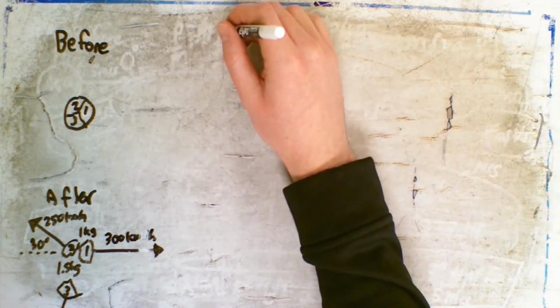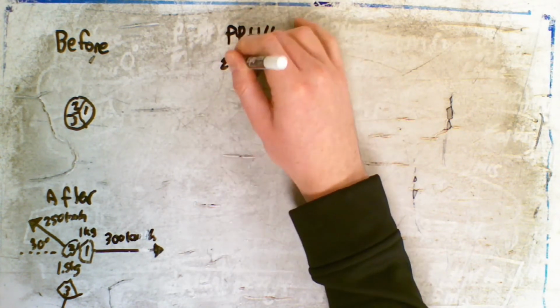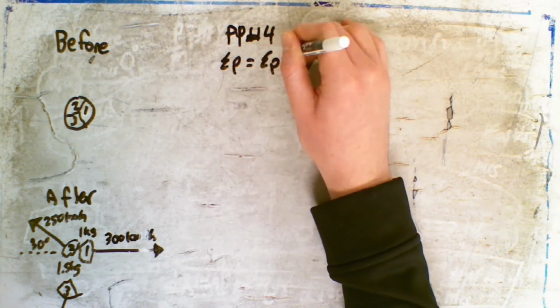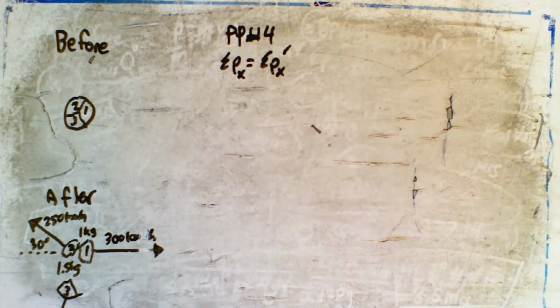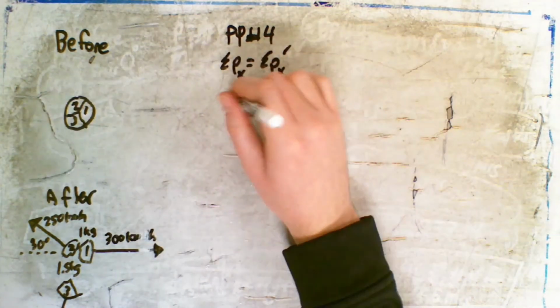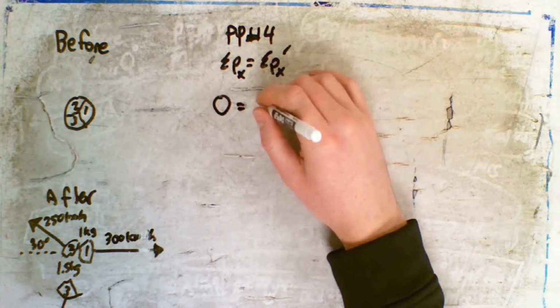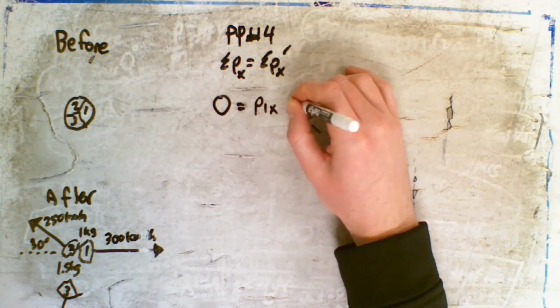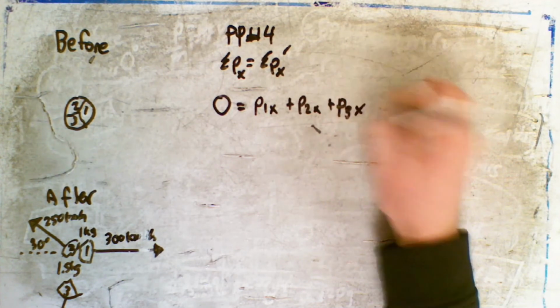So now we can use physics principle number 4, where our momentum before equals our momentum after. And we're going to solve in the x, and we're going to solve in the y because it's a two-dimensional problem. So before, my momentum was 0. All explosions, it'll be 0 before. And after, I have momentum 1 in the x, momentum 2 in the x, and momentum 3 in the x.